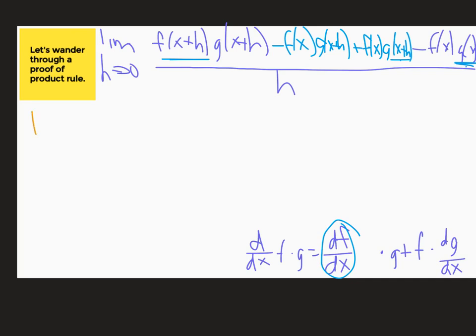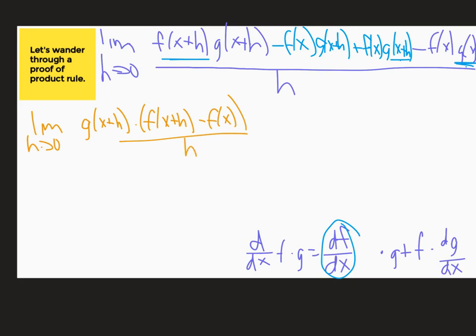So I can write that as two different pieces now. Limit as h goes to 0. I'm going to do two steps at once. I'm going to pull the g of x plus h out, and then say times f of x plus h minus f of x all over h, plus the limit as h goes to 0 of f of x times g of x plus h minus g of x all over h.